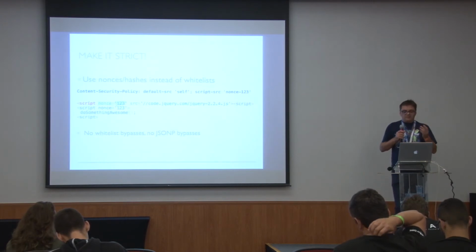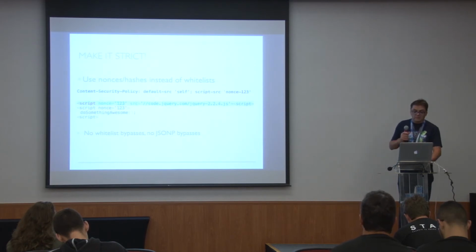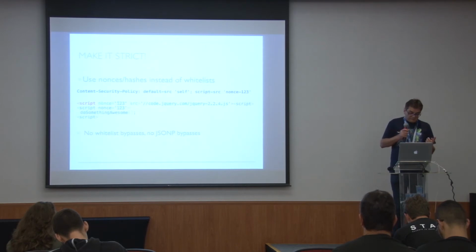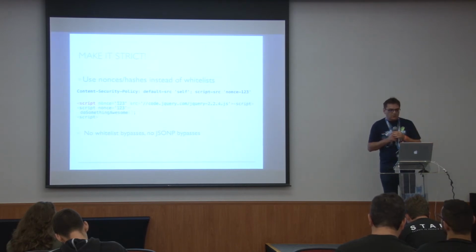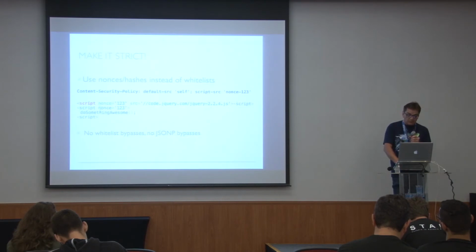So if there's an injection on the web page, the attacker cannot guess what this nonce has to be when he crafts a script tag. It's a pretty effective way to write simple content security policies that don't need maintenance. And nonce attributes can be applied both to inline and third-party scripts.